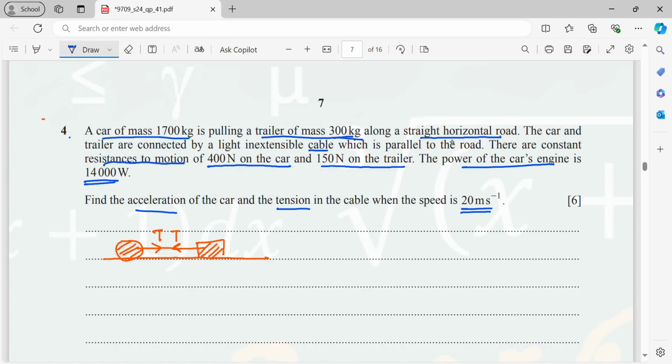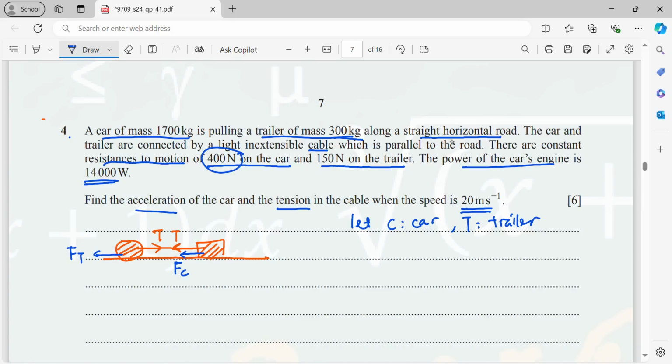For the car, there will be a resistance force of 400. So this is FC. I use C to represent car. Let C be car, then let T be trailer. For the trailer, there will be a resistance force as well.